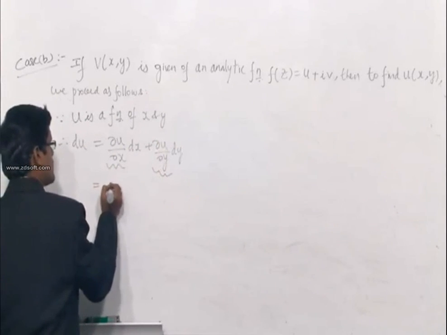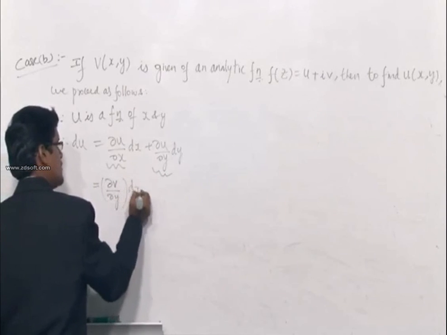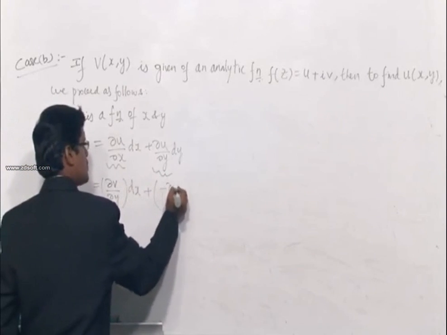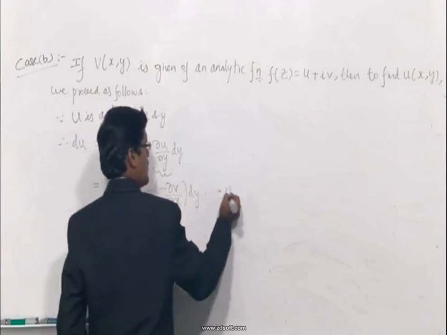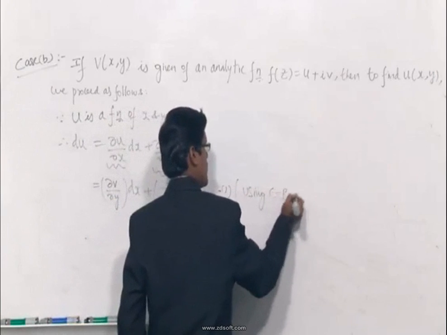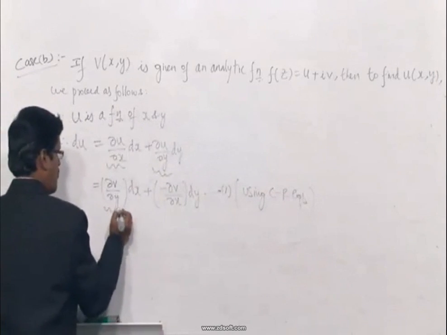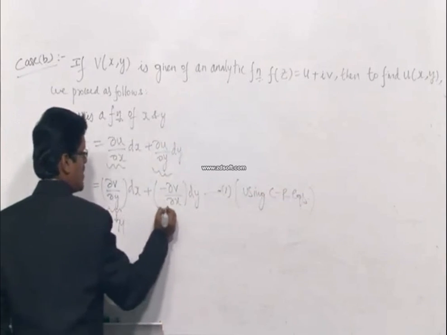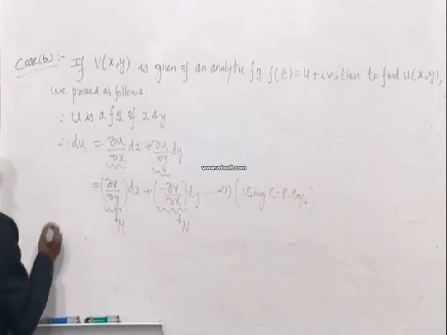Dou u by dou x is nothing but dou v by dou y into dx, and dou u by dou y is nothing but minus dou v by dou x into dy. Equation 1, using CR equations. Again, the RHS of equation 1 is in the form of m into dx plus n into dy.